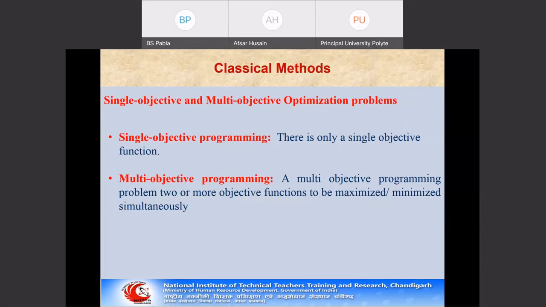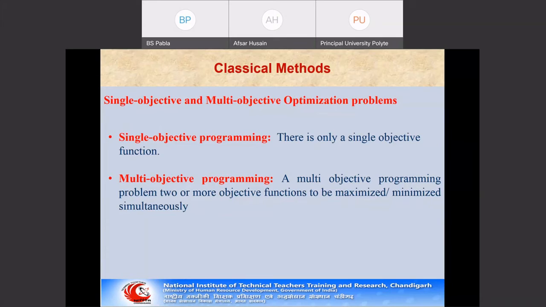So when we have more than one objective function, we write it as multiple objective programming. You have multiple objective functions, and you convert them into a single function by giving weightage. If the total weightage is 1, I will say, okay, I give 0.8 weightage to my surface finish and 0.2 to my cost.